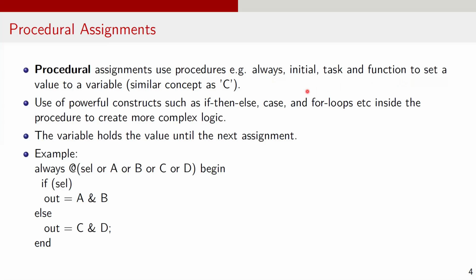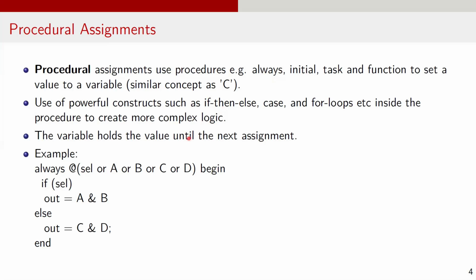The reg data type in Verilog is used to represent a variable. Inside these procedural blocks, we can apply powerful constructs, for example, if-then-else, case, or for loops to create more complex logic. These control flow structures allow us to implement intricate logic, making procedural assignments suitable for sequential circuits.